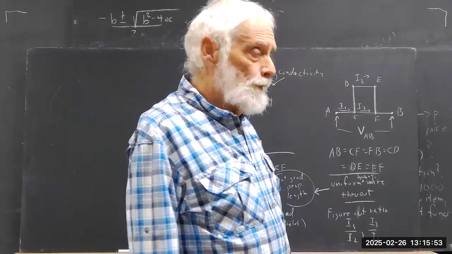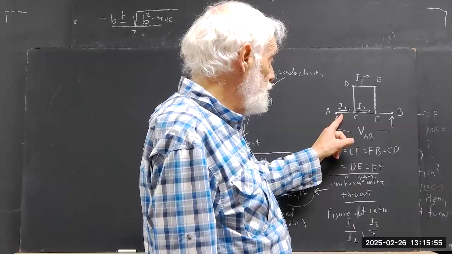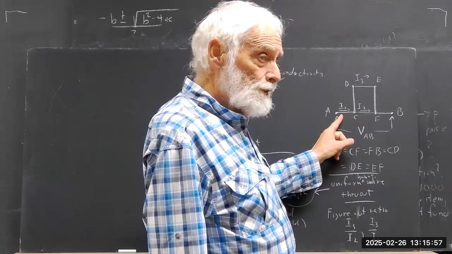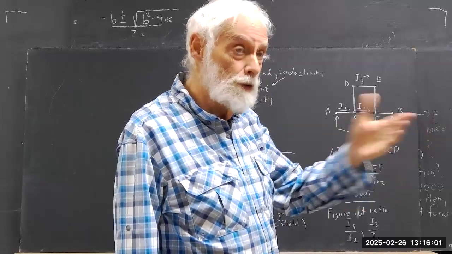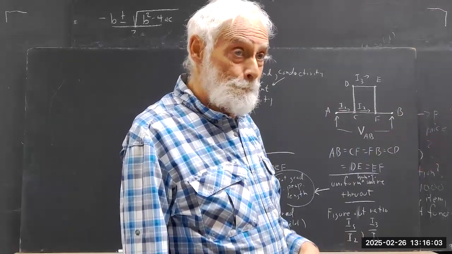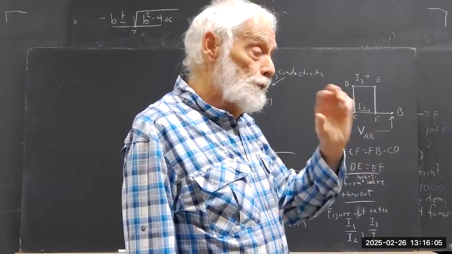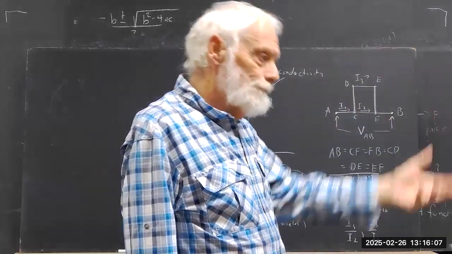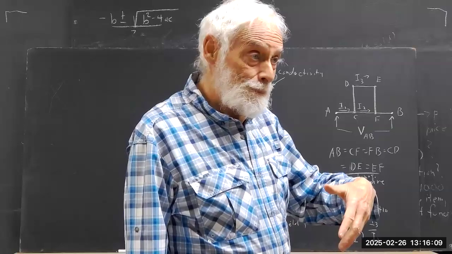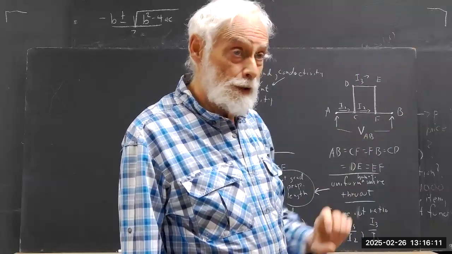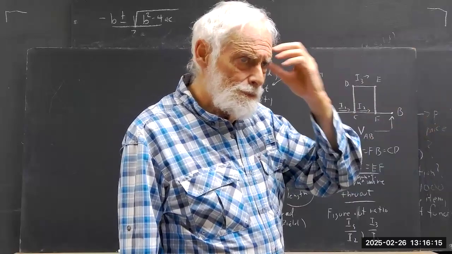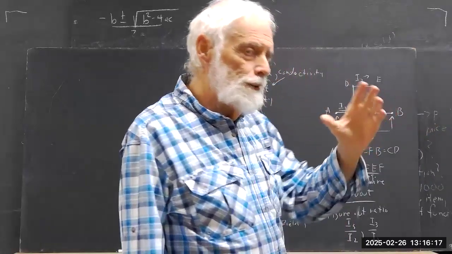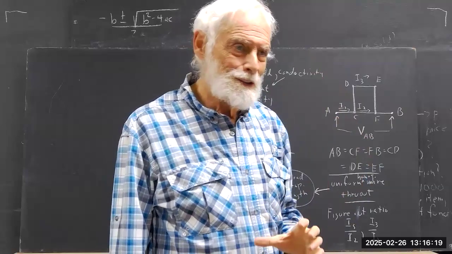The charge that drifts by I1 in a given time is the same as the charge that drifts by here, because that's what current is, how much charge drifts by a point. You take the drift velocity, the charge density and the cross-sectional area of the wire, and you get the current.